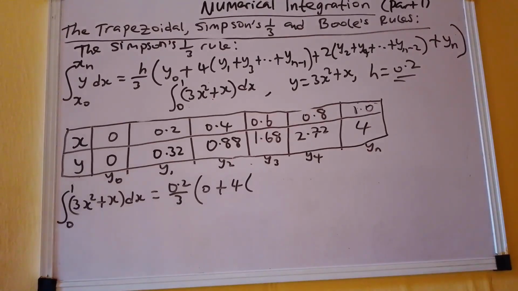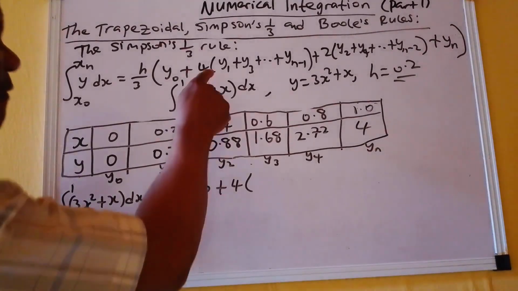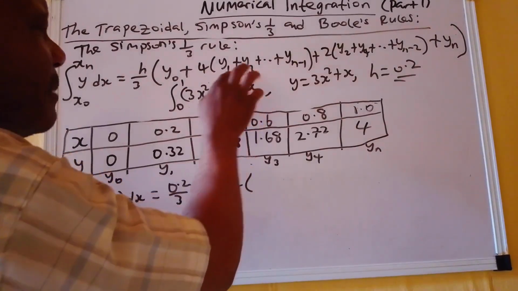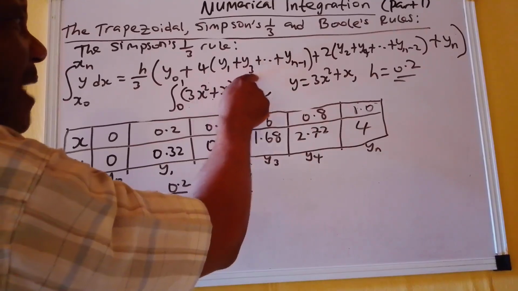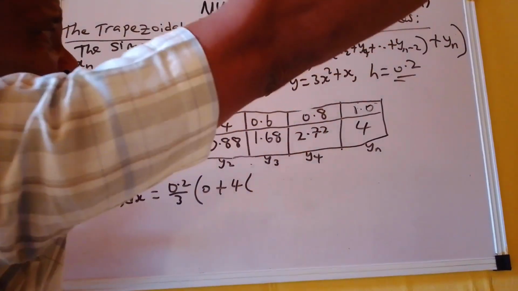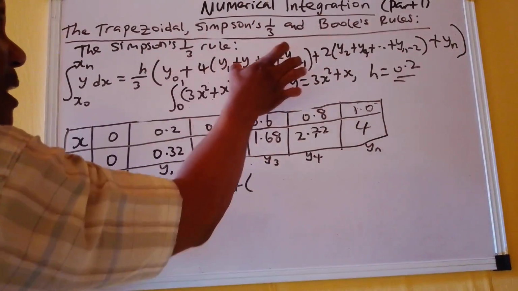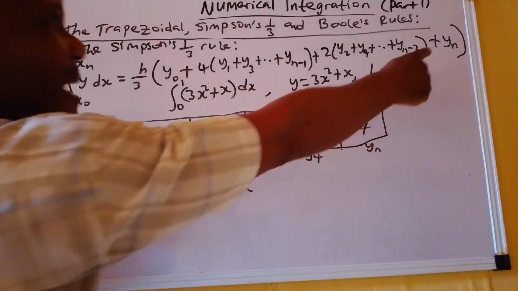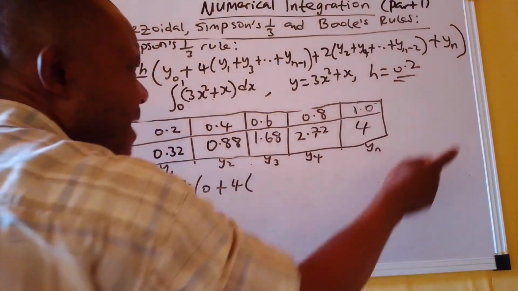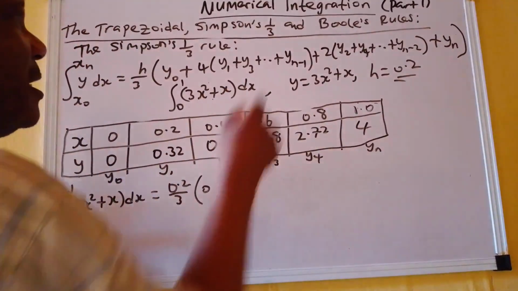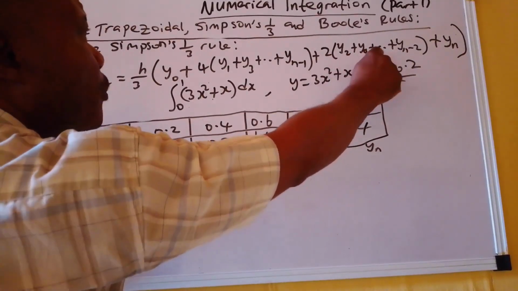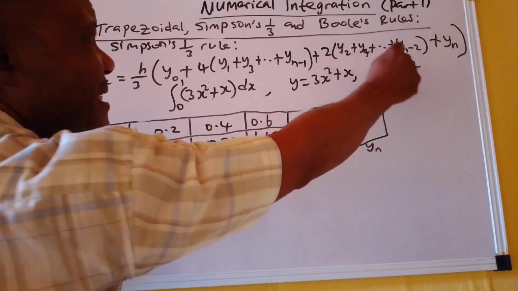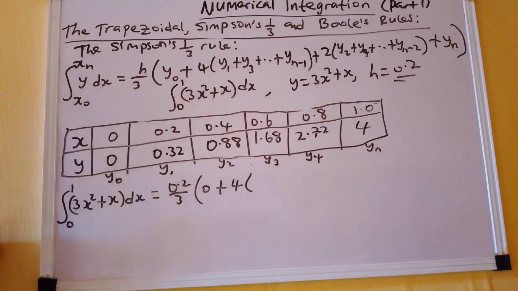Look at it, 4 into y1, y3, that means the y's in the odd positions, y1, y3, y5, y7, y9 and so on. You will take them and add them. Of course, the last y, the yn, is always reserved. Then look at this one, 2 multiplying the y's in the even positions, 2, 4, 6, 8, like that till you get to the third to the last value of y.